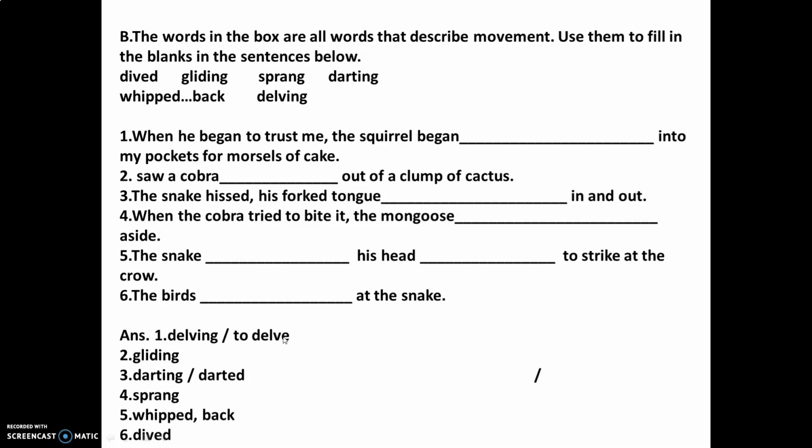Fourth one: when the cobra tried to bite it, the mongoose sprang aside. And the fifth one: the snake whipped his head back to strike at the crow. Whipped is one and the next one is back. And the sixth one: the birds dived at the snake.